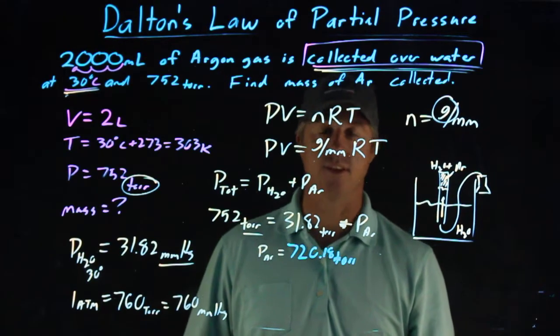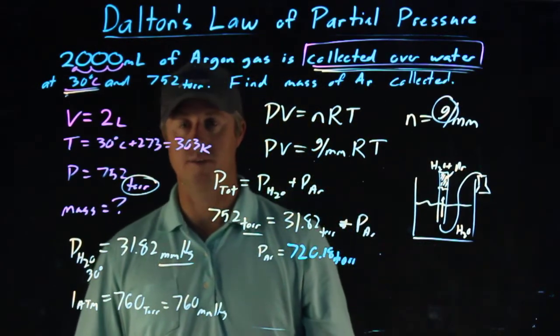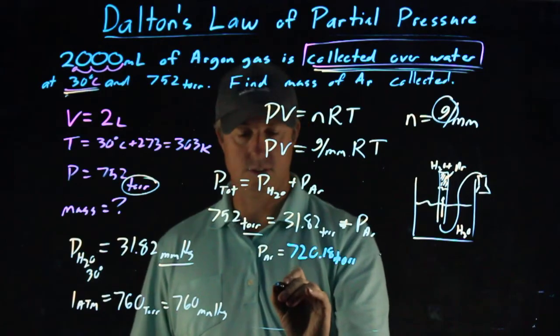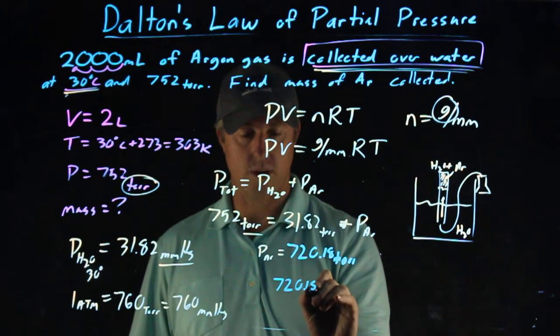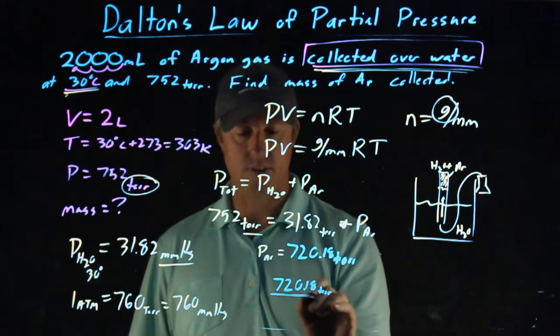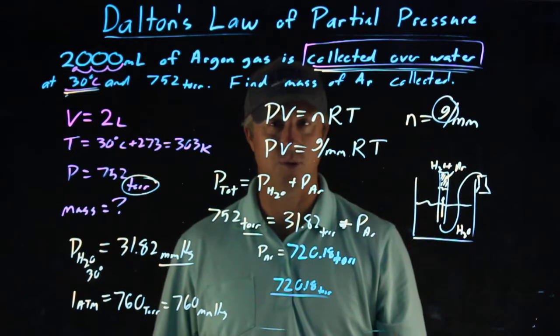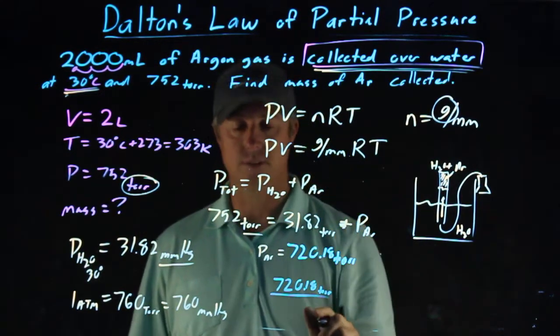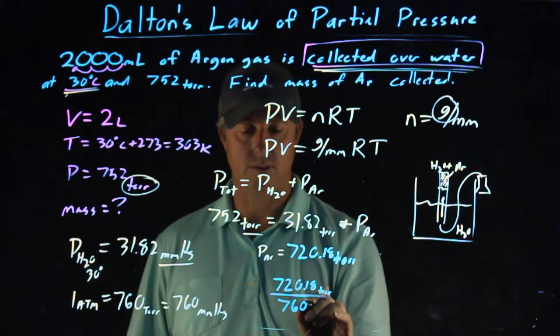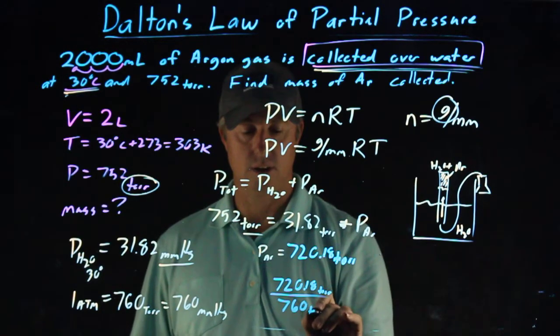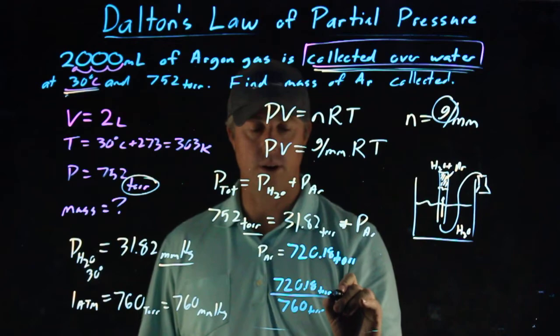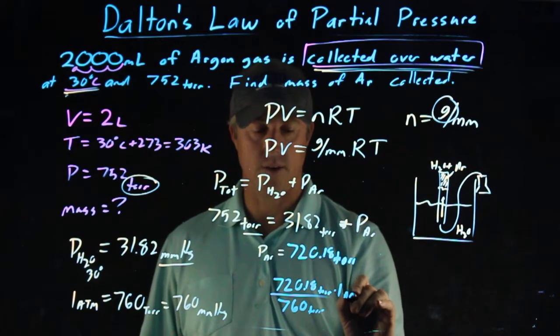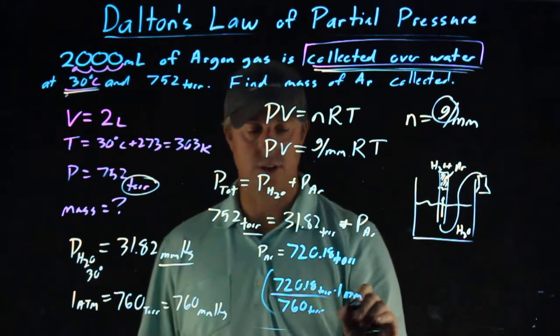I now have everything I need to plug in and solve for mass. The pressure is 720.18 torr. That is a problem. I don't want it in torr for PV equals nRT. I need it in atmospheres. So I need to divide this number by 760 torr, and that is for every 1 ATM. So I did a conversion here.